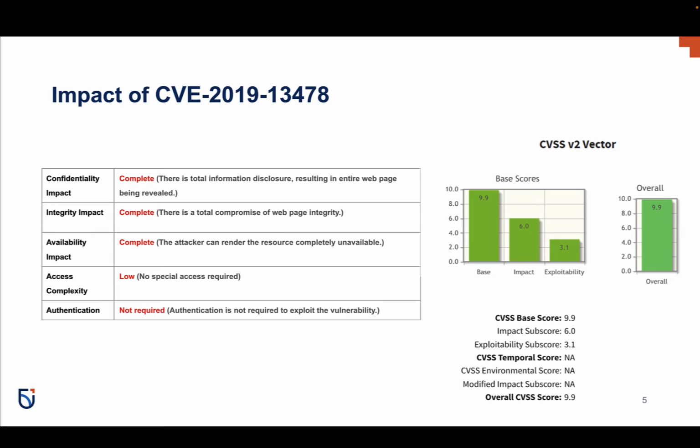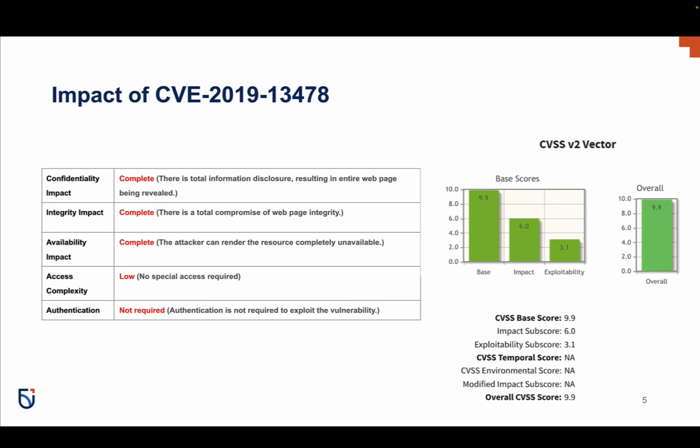And the impact of this CVE: the CVSS V2 overall score is 9.9, given it impacts confidentiality, integrity, and availability, all three of the CIA triad. It will completely impact the confidentiality, integrity, and availability, where an attacker can totally change the website and the integrity of the website.